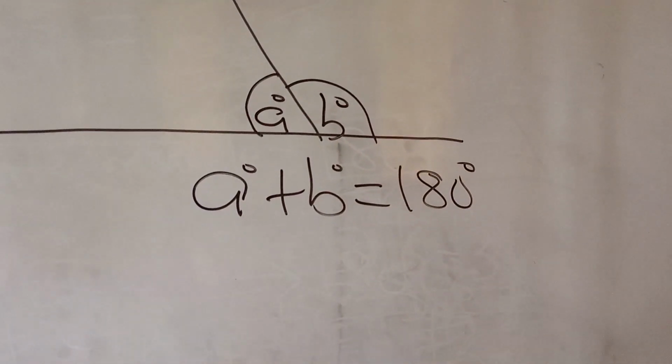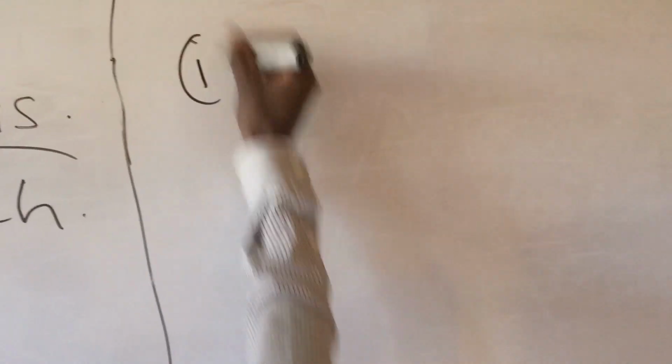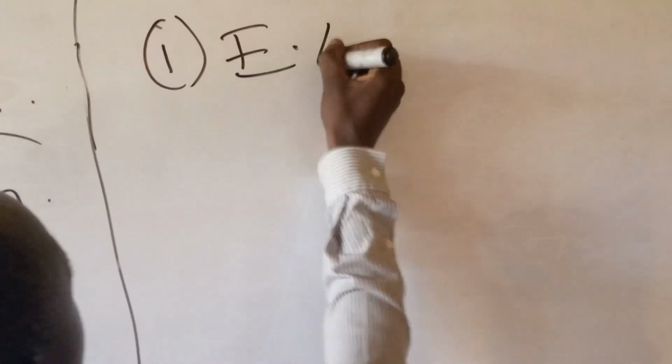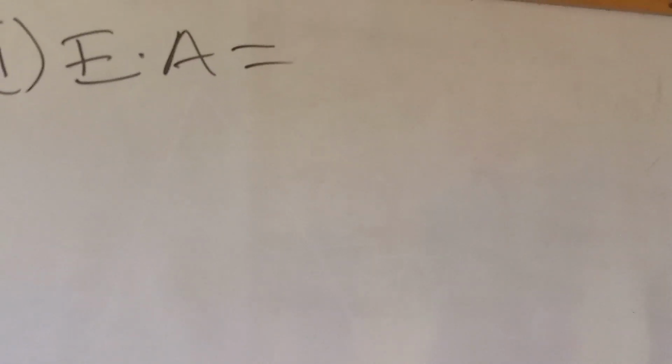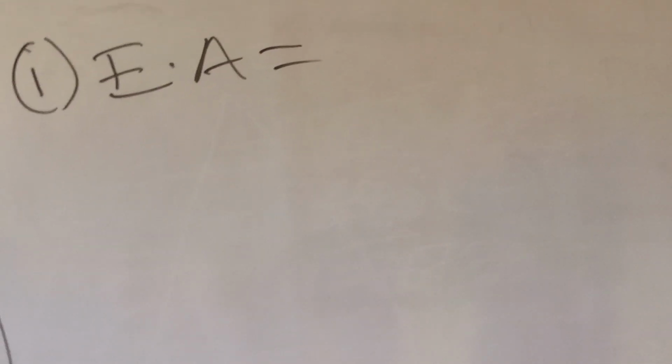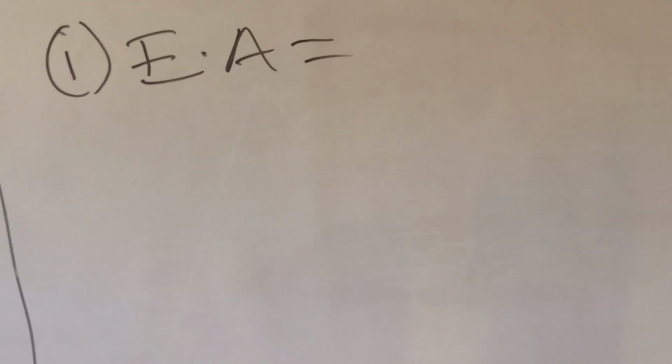Now, let's start from the exterior angle. Because we are using the application approach, you should use your formula to first find your exterior angle, and the application approach will follow from the second question.